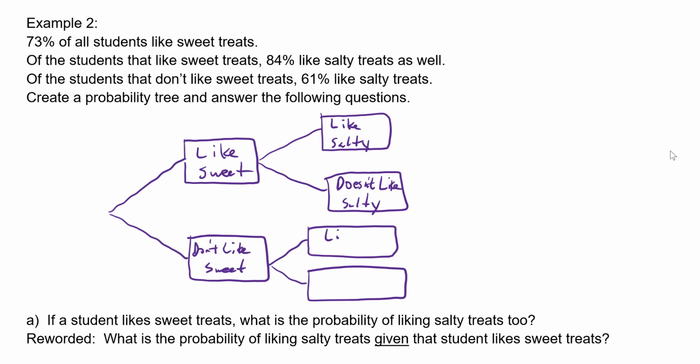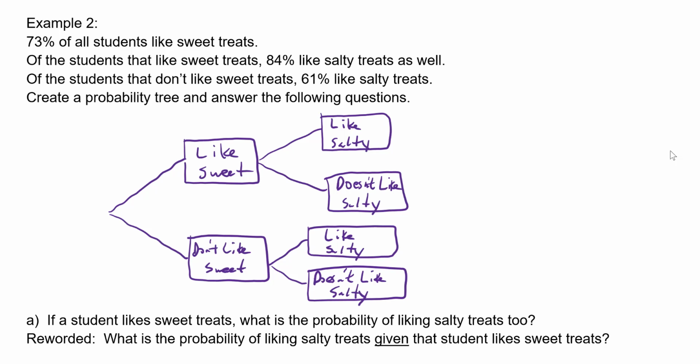And this is again like salty, doesn't like salty. Okay? It's really pretty easy to set this up.